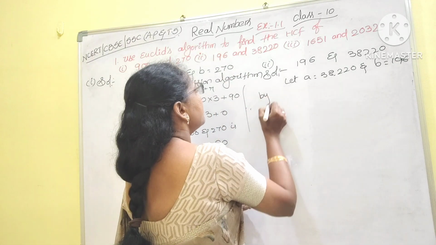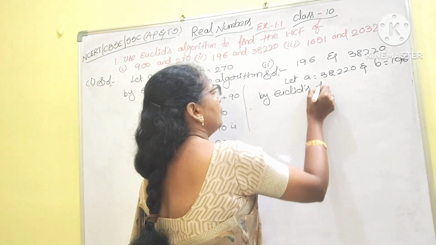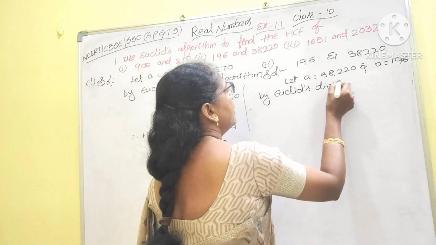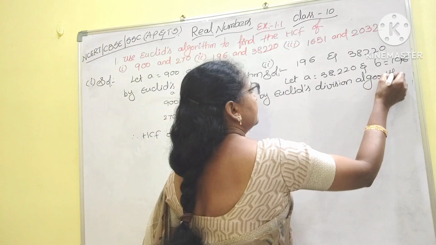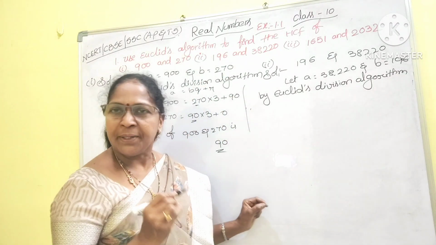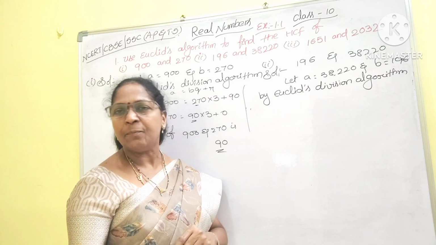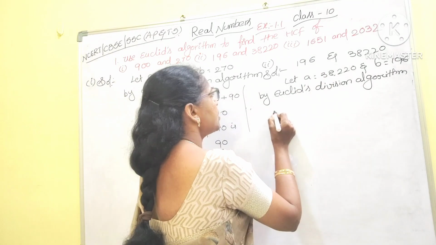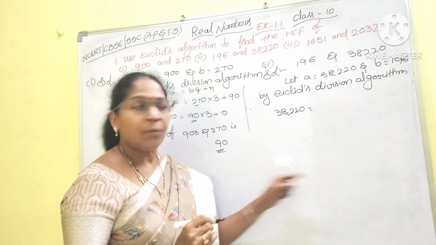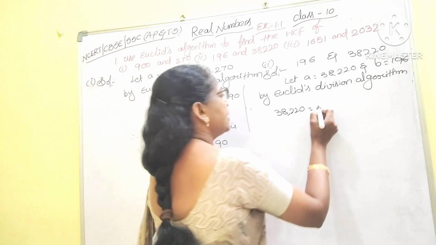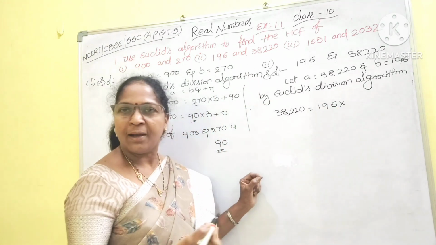By Euclid's division algorithm, A equals BQ plus R, where A is 38,220 and B is 196. So 196 into the quotient value, we have to write down.